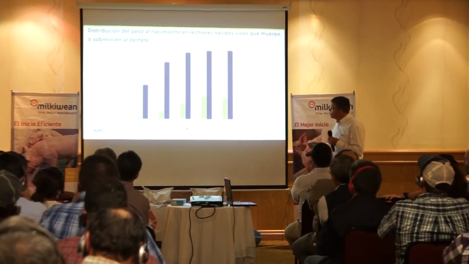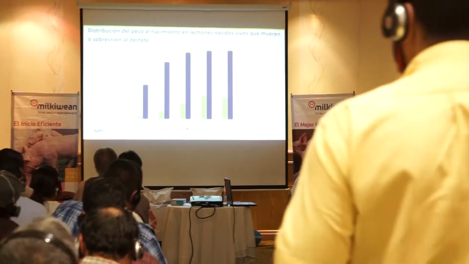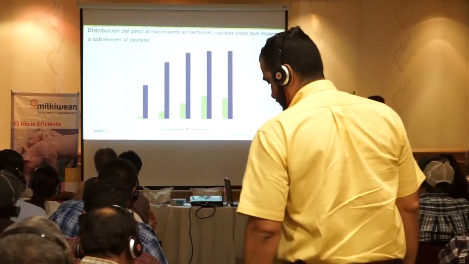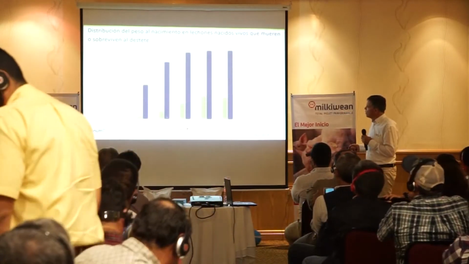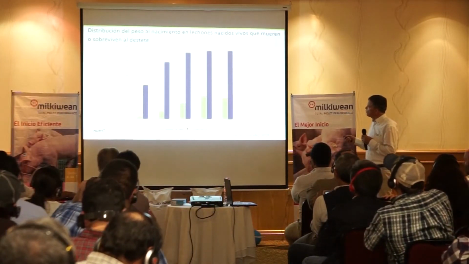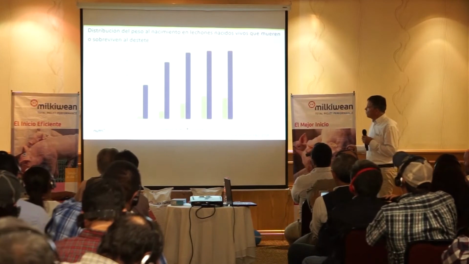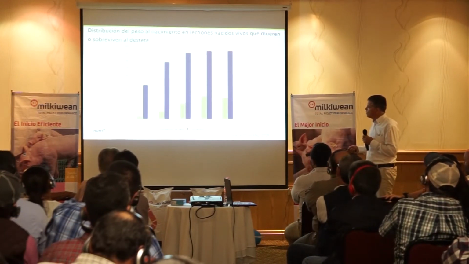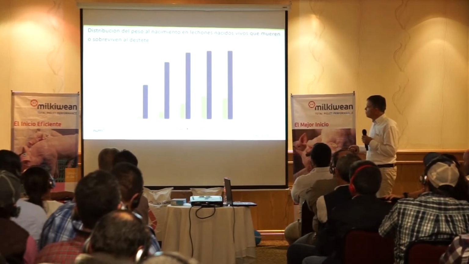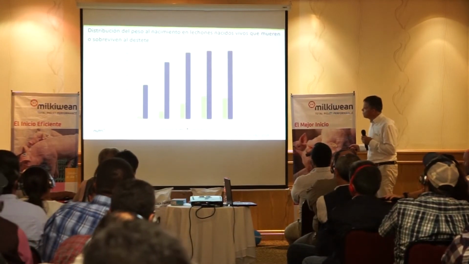And when you look further at the distribution of the birth weight in relation to the survival of the piglets, here we have again the different birth weight categories, from less than 0.750 grams to more than 1.5 kilograms.